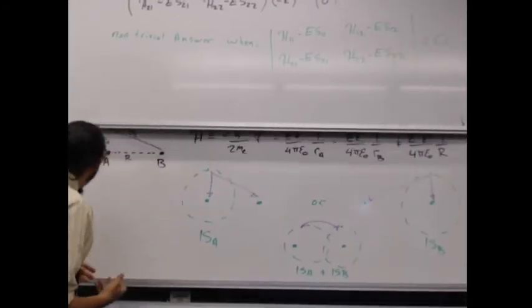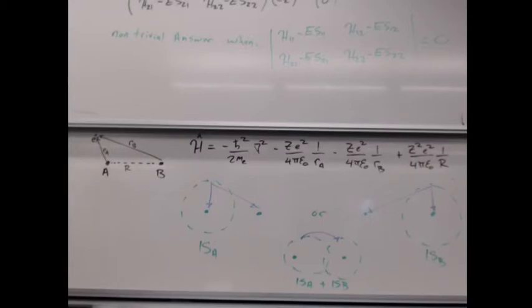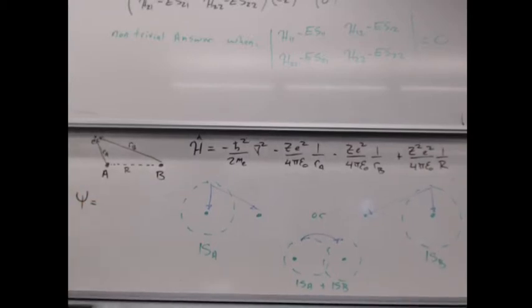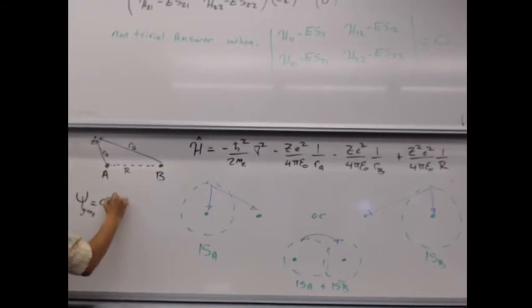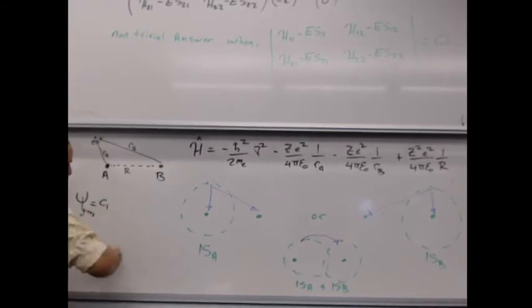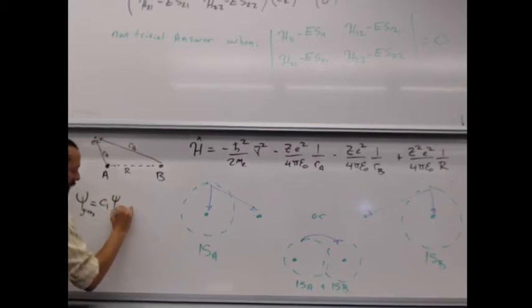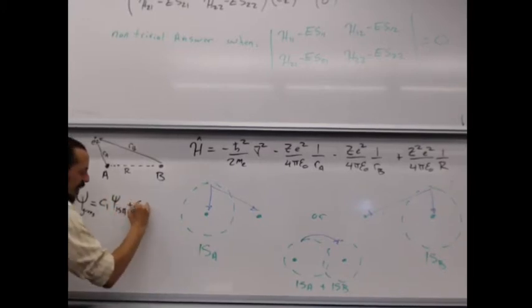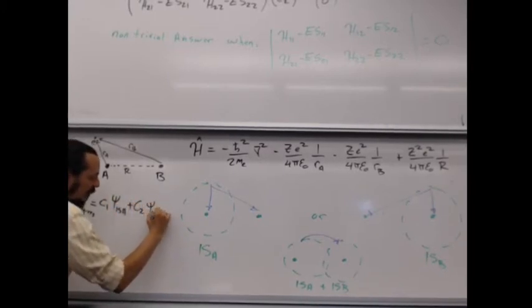And hopefully this conceptual work gives you an idea that a good wave function to guess would be a C1, actually, I'm just going to call it a psi 1sa plus a C2 psi 1sb.